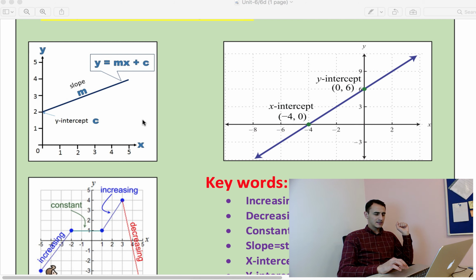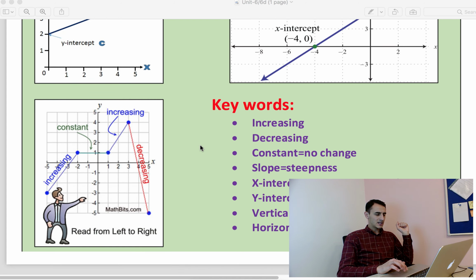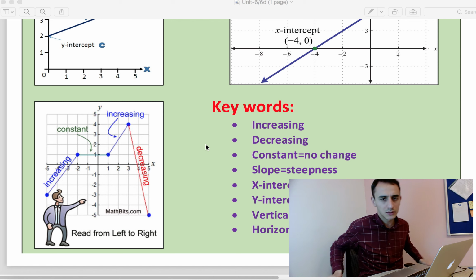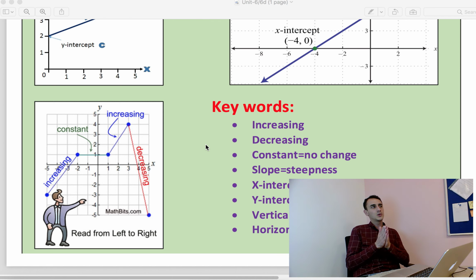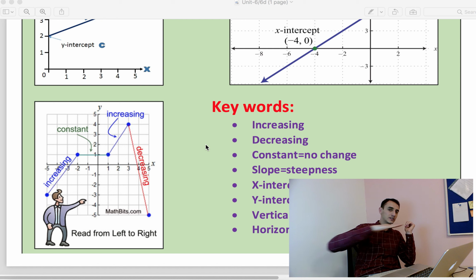At the end, I want to talk about increasing and decreasing processes, which we need to be able to read from the line graph. We need to be able to understand which type of graph represents increasing, which type represents decreasing, and which kind of graph represents constant, no change.